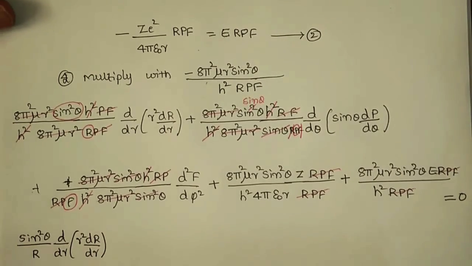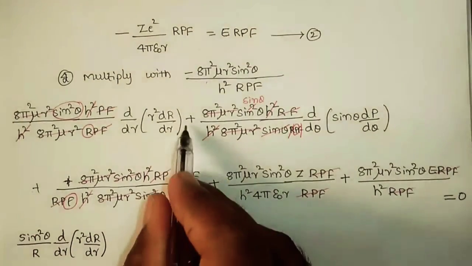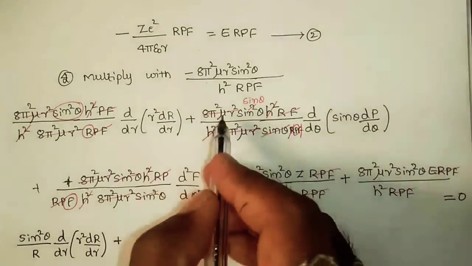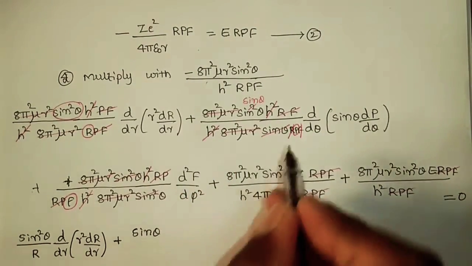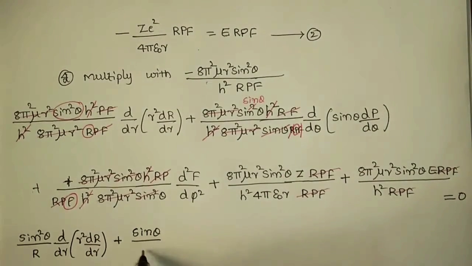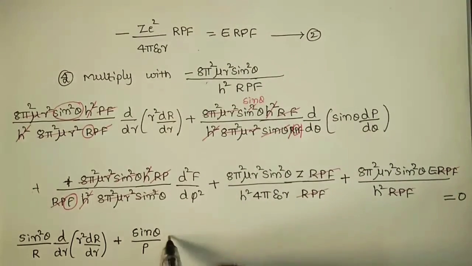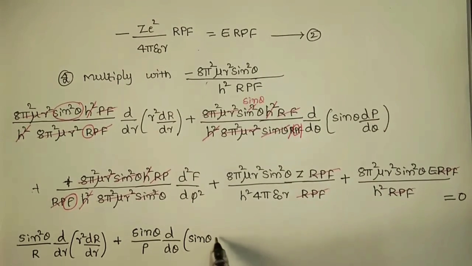Plus here we are left with sine theta by p, d by d theta of sine theta dp by d theta.